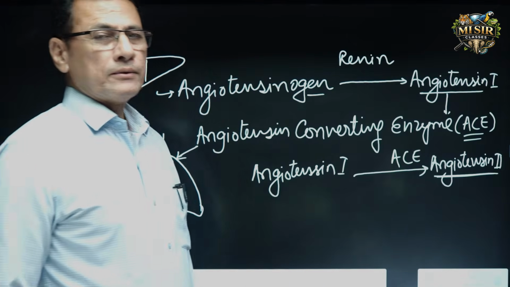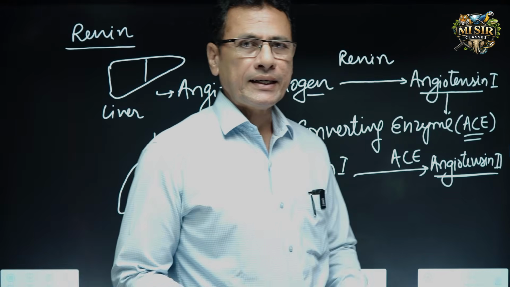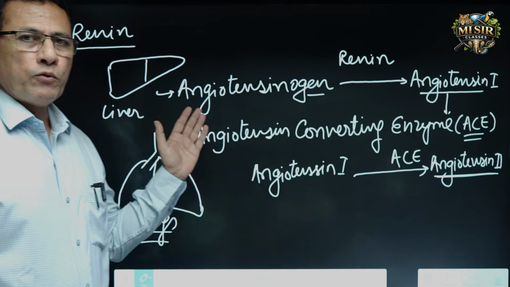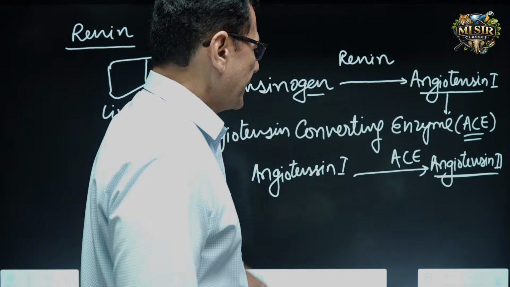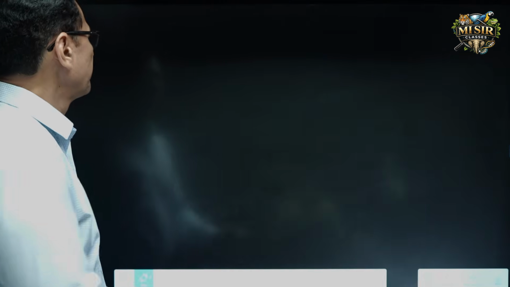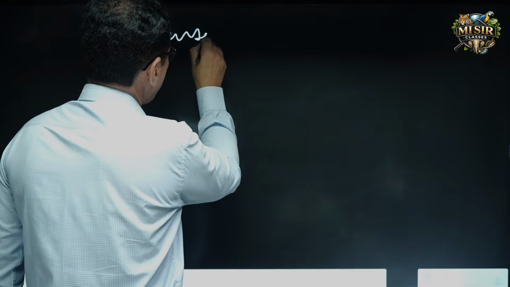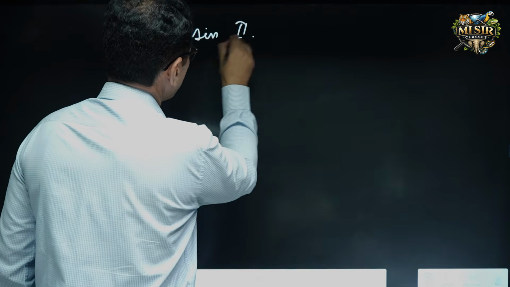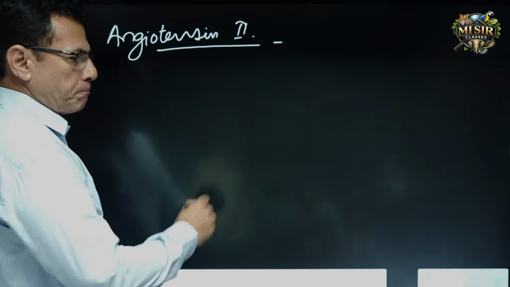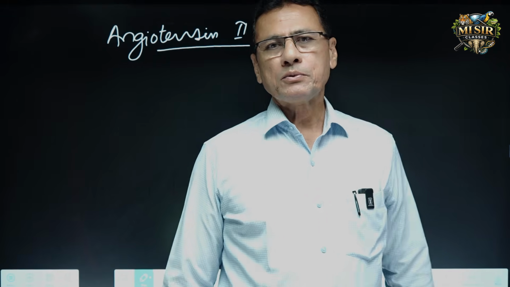Now this is an active substance, angiotensin 2. Let us study what exactly angiotensin 2 does. By far, I hope I have made myself very clear on the cascade reactions. What is happening over here? Angiotensin 2 is synthesized. Angiotensin 2 is a very strong vasoconstrictor substance.